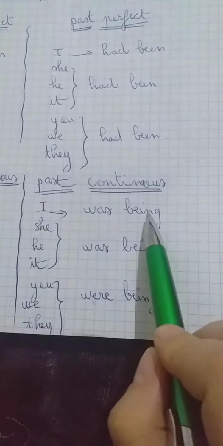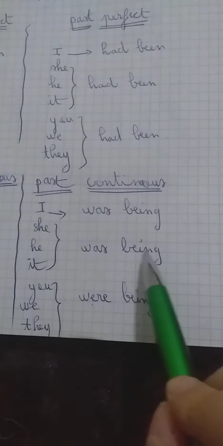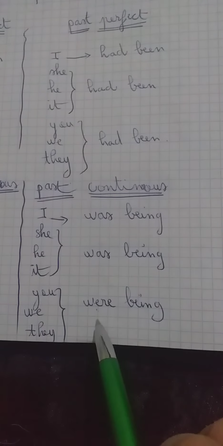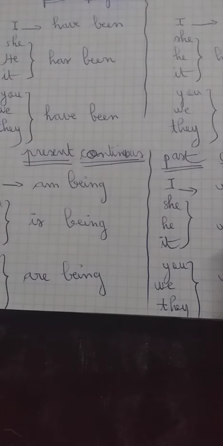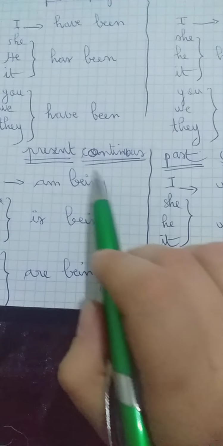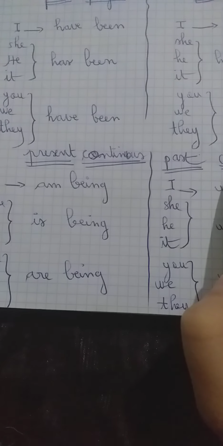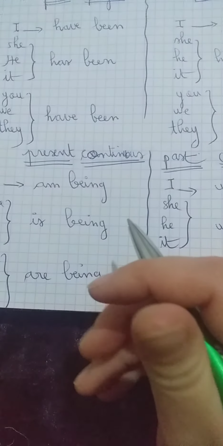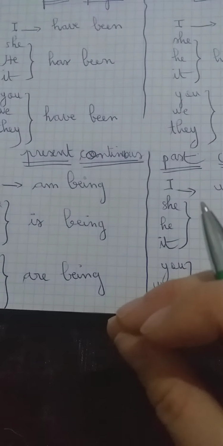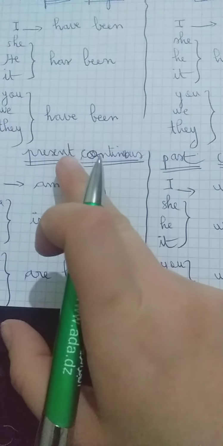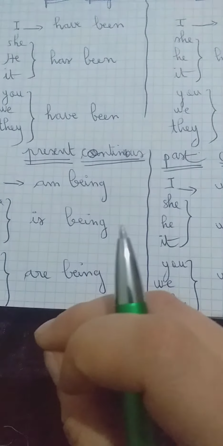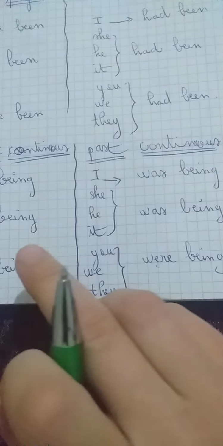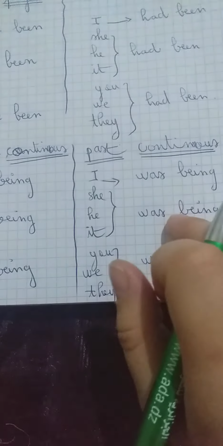So I was being, she, he, it was being, you, we, they were being. The rule to form the present continuous and the past continuous is like that. Listen carefully. To be in present simple if it is present continuous, or to be in past simple if it is past continuous, plus be plus ing.